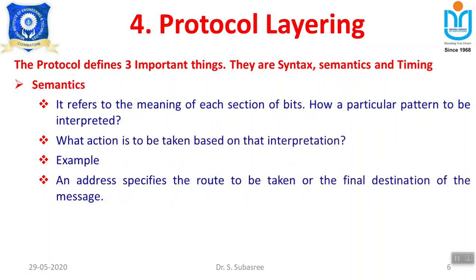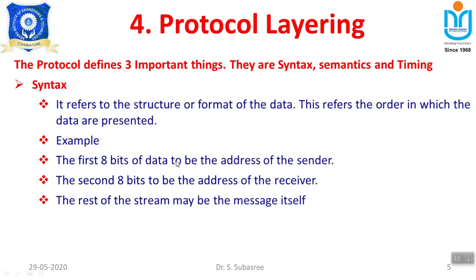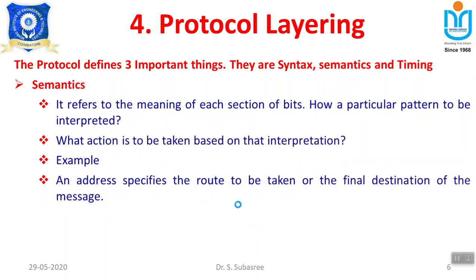The second thing is semantics. What is the meaning of semantics? It refers to the meaning of each section of bits, how a particular pattern is to be interpreted. For example, in the previous case of syntax, we have an 8-bit sender address, receiver address and the message. How to specify the sender address, in which format it has to be specified.